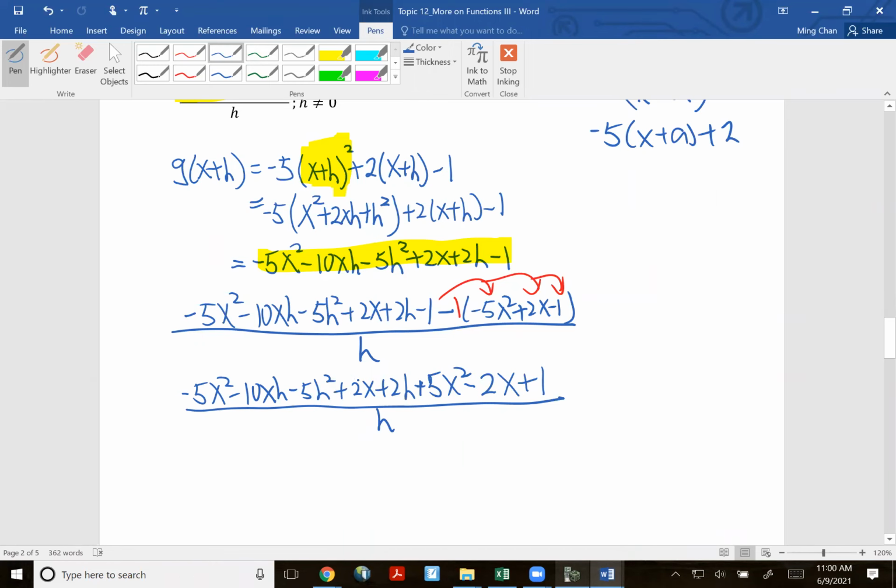Oh, the x squared cancels out. The x cancels out. So now I end up with, I should have, doing this right. 1, 2, 3, 4, 5, 6 terms.